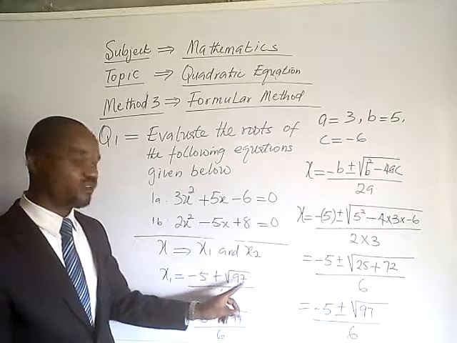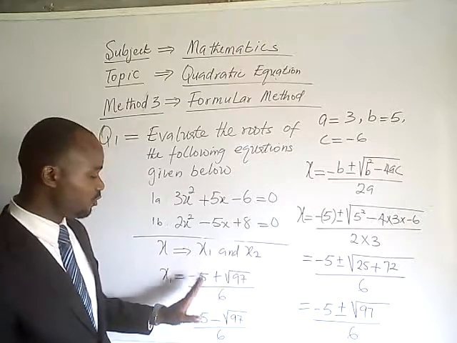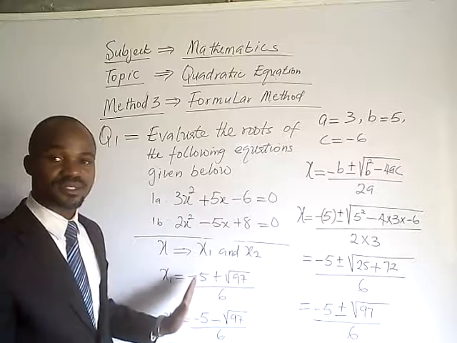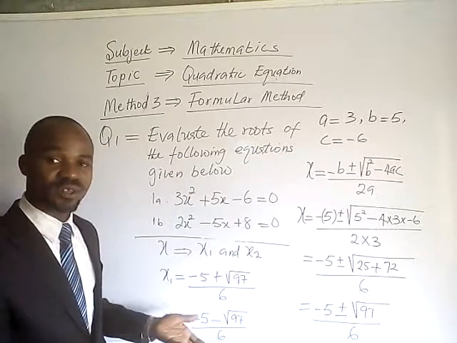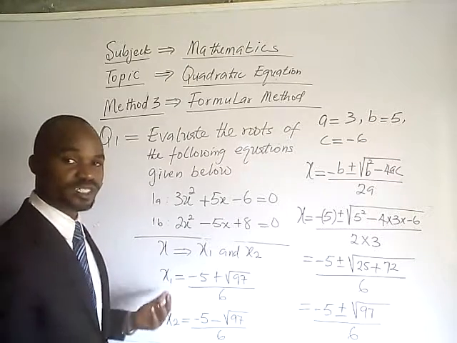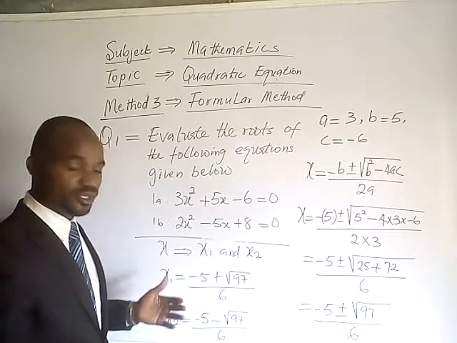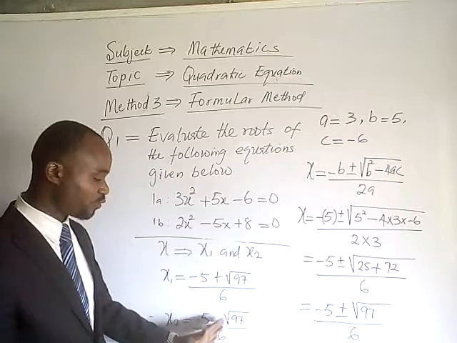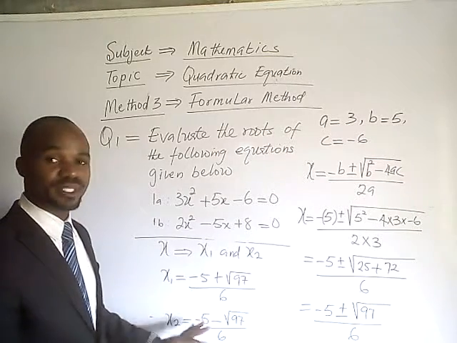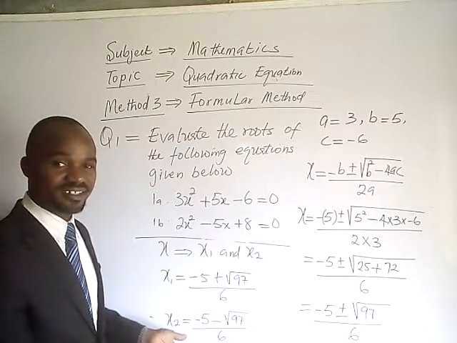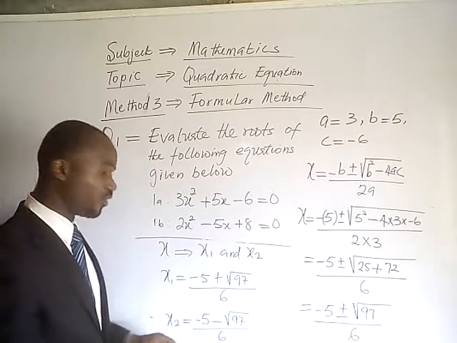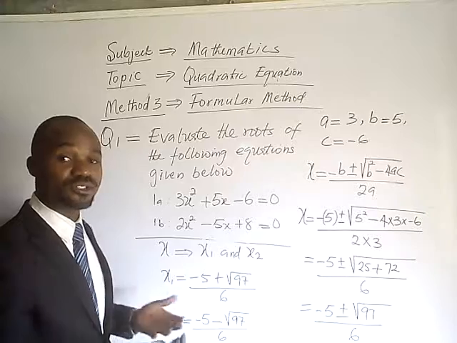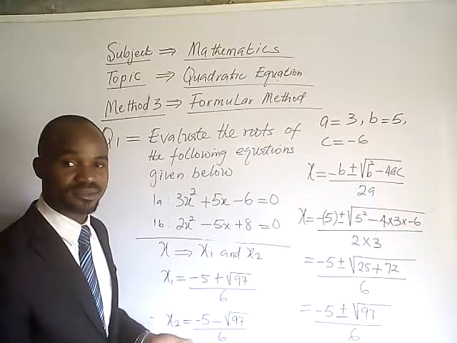If you find the square root of 97, do this simple mathematical operation, divided by 6, you have a certain value. That value is for x1, that's the first root. The same thing done here: find the square root of 97, do this mathematical operation, and then you have a certain value again, either positive or negative. That is the value of x2, which is the second root.